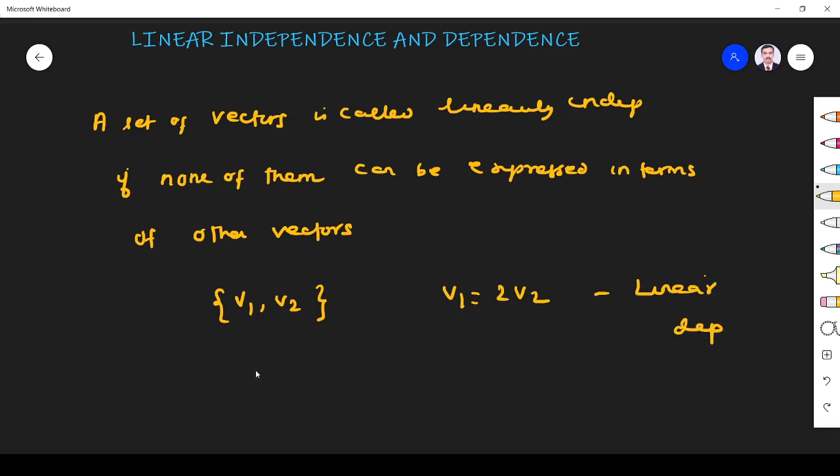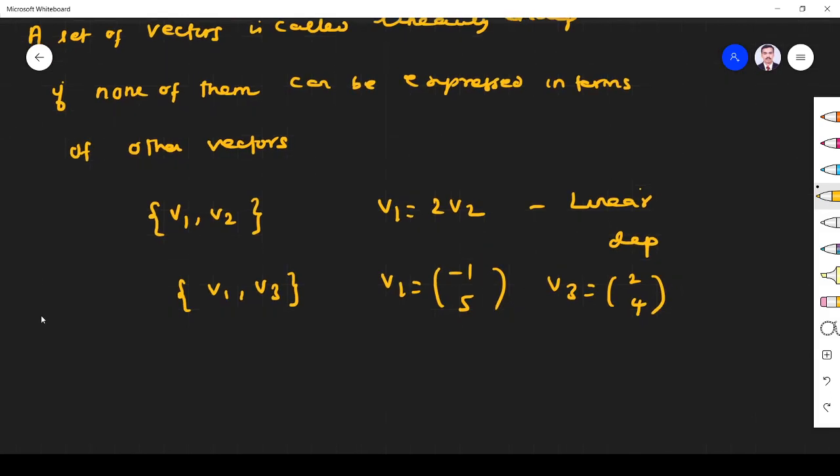Otherwise, take some other vectors v1 and v3, where v1 is (-1, 5) and v3 is (2, 4). Here v1 cannot be expressed in terms of v3, so we can say this set is linearly independent.